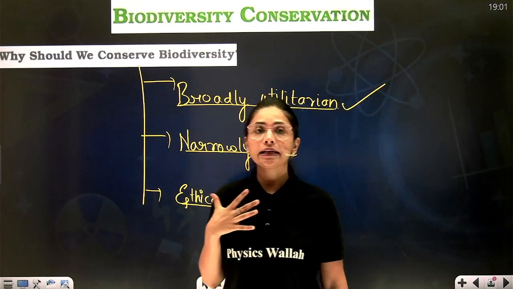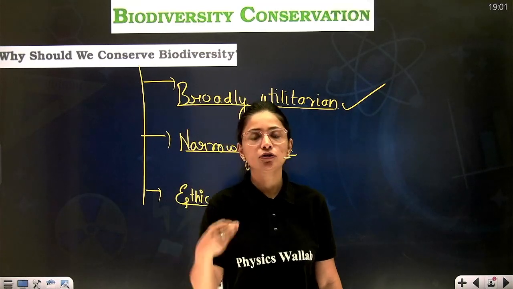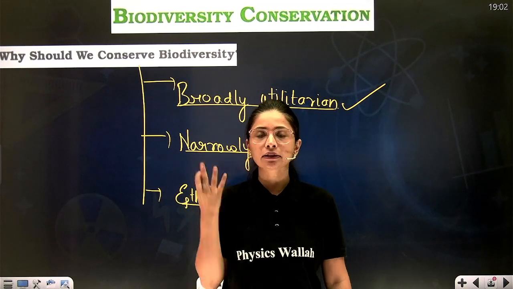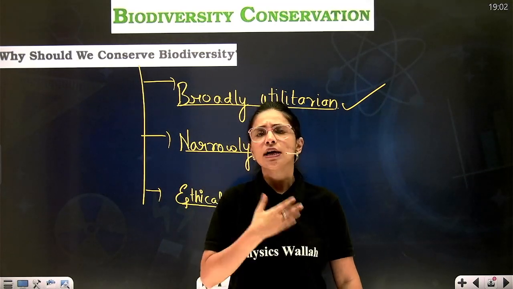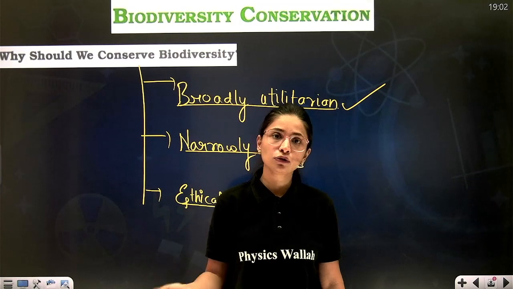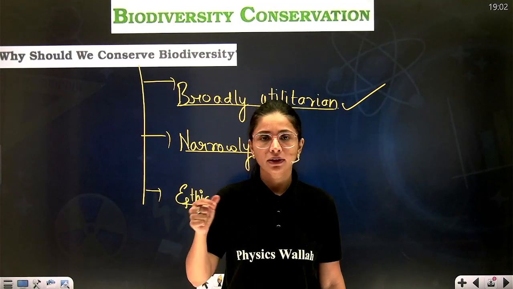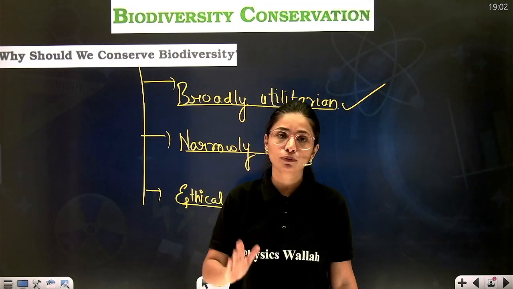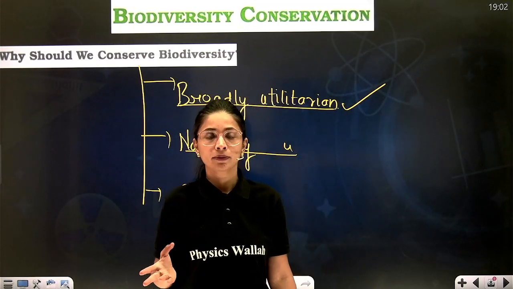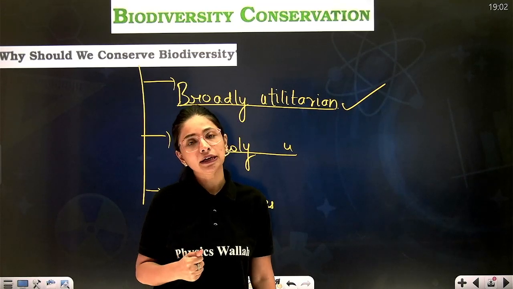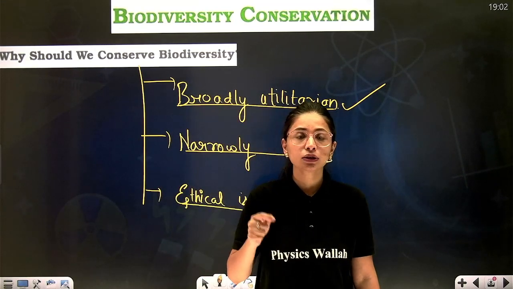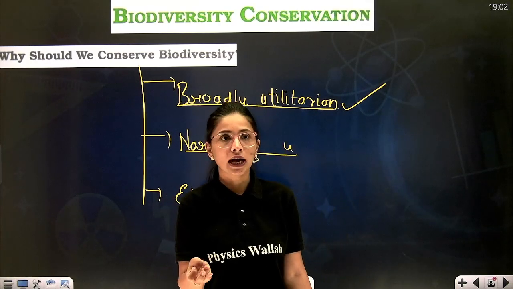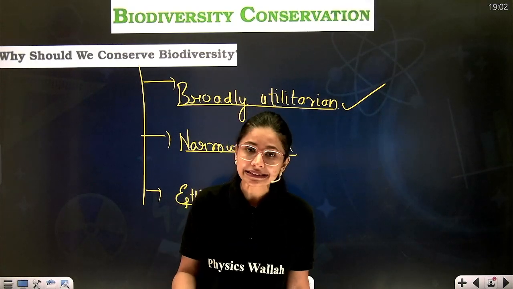Broad means this biodiversity ecosystem is giving you so much in the form of food, in the form of timber, in the form of place to live, oxygen, so many things the ecosystem is giving you, which is non-profitable. It's not related to money, but still you can't live without these services given to you by the ecosystem, soil, everything. So these are the broad utilitarian aspects of why you should conserve your biodiversity. If you don't save it, where will you get food from, where will you get timber from, where will you get medicines from.